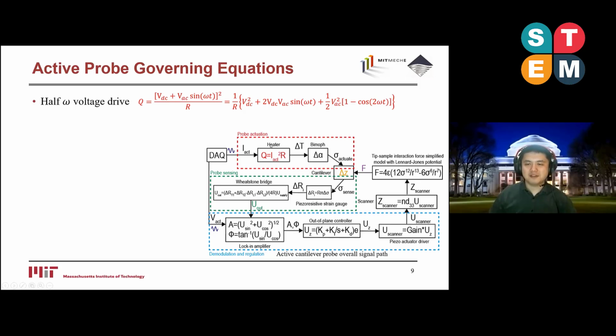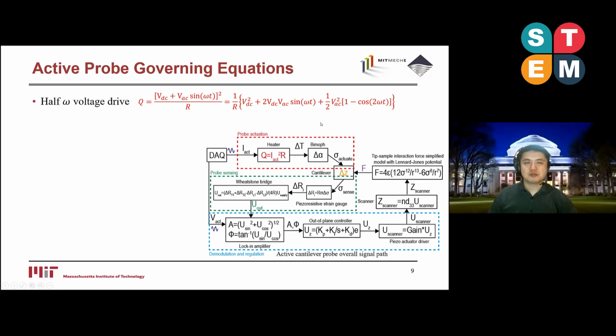So if you want to drive the probe purely with 1 omega excitation, we will actually use an omega frequency of half the resonance, so that we set the DC component to 0, and then we'll be using primarily this 2 omega term, which is now equal to the resonance frequency, to drive the probe.